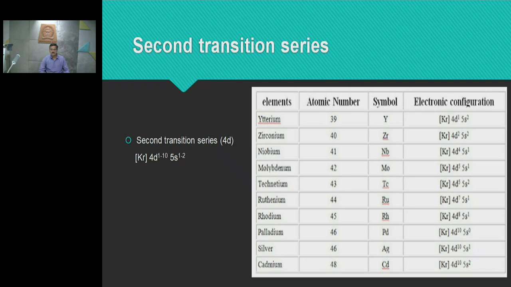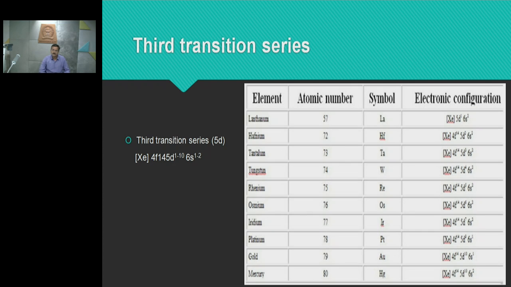There is also an abnormality in the electronic configuration of some elements. Then for the third transition series, the 5d: lanthanum, hafnium, tantalum, tungsten, rhenium, osmium, iridium, platinum, gold and mercury, from atomic number 57 and then 72 up to 80, with electronic configuration 5d1 to 10, 6s1 2.